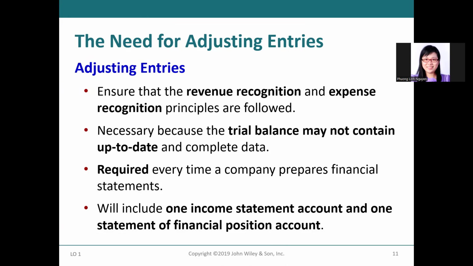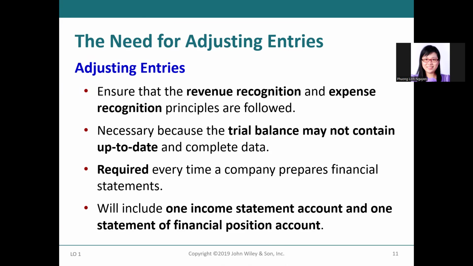And the trial balance sometimes may not contain up-to-date or complete data. So we need to make some journal entries to make sure that the trial balance will be up to date, or it includes complete data.